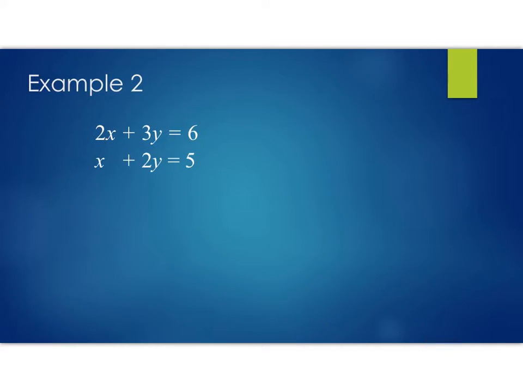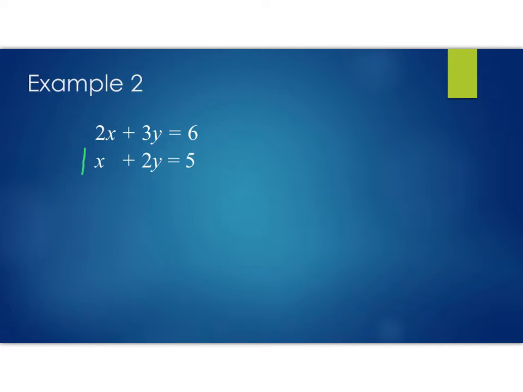Example 2 is really similar. Remember, check to see if anything's going to cancel out. Here I see positive 2x, and that's positive 1x. Remember, put a 1 there if there's not a number in front. And then over here I see positive 3y and positive 2y. That's not going to cancel out.